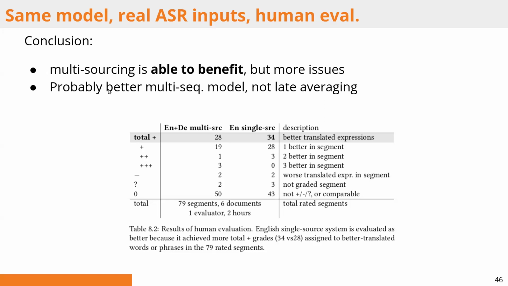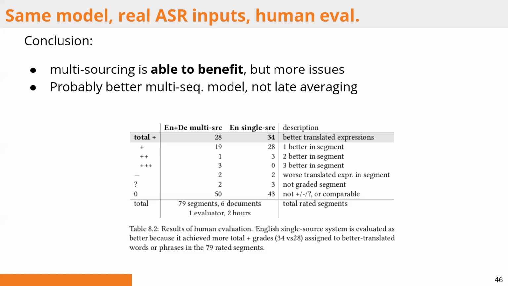So we should investigate the model better. For example, use a multi-sequence model and not light averaging, because although the model used aligned sentences, they were probably misaligned, and also interpreting is not literal.